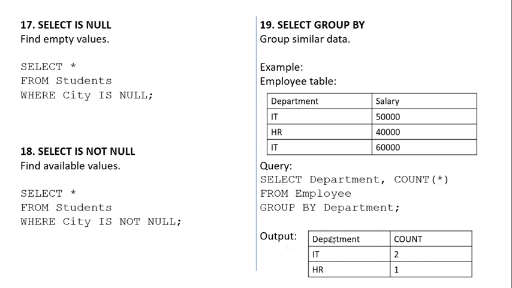So the output is department name and department-wise count. IT has 2 records, so the count is 2, and HR has 1 record, so the count is 1.